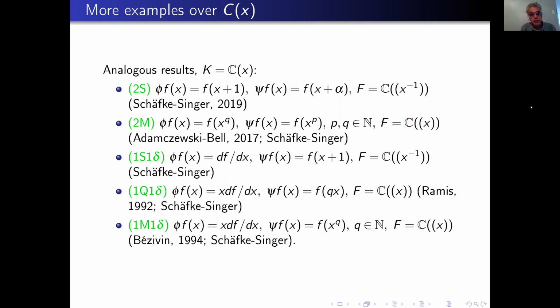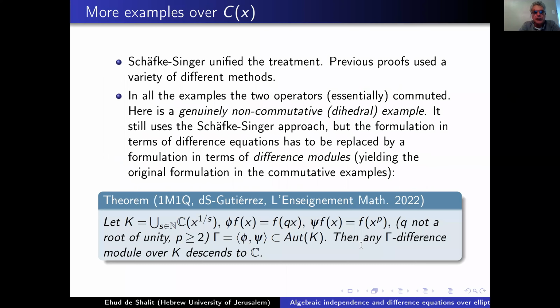So in all these cases, some of the theorems were obtained previously. For example, the Mahler case was obtained by Adamczewski and Bell, Jason Bell, proving an open conjecture of van der Poorten. Sorry, van der Poorten, not van der Kooput, my mistake.